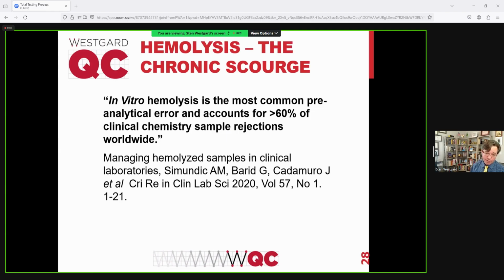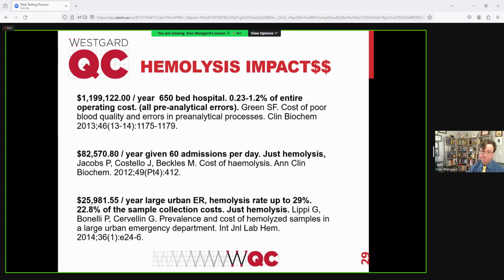It's the most common pre-analytical error and accounts for over 60% of clinical chemistry sample rejections globally. So if we could figure out ways to reduce hemolysis, that would have an outsized impact. The costs of hemolysis, again, there are studies out there.